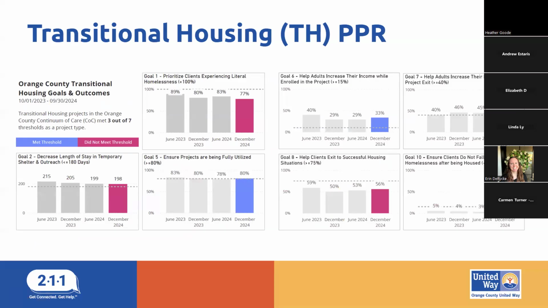We do want to ask everyone that's participating to please provide your feedback about the transitional PPR threshold adjustment. We are looking to adjust goal 6 to 20% and adjusting goal 10 to 7%. So please feel free to share your feedback.